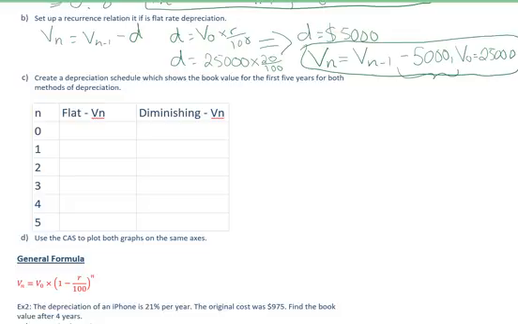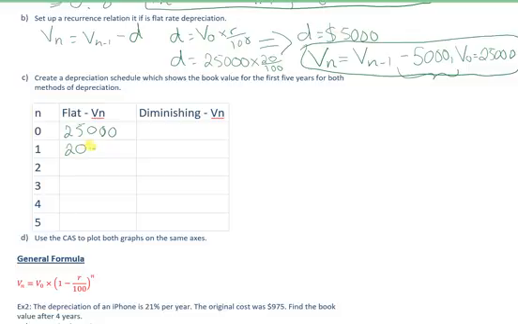We're going to set up a table for the first 5 years using both methods. For the flat rate, we started with $25,000 in year 0. Each and every year my recurrence relation says I subtract 5,000.